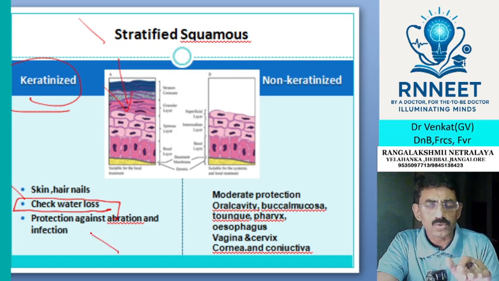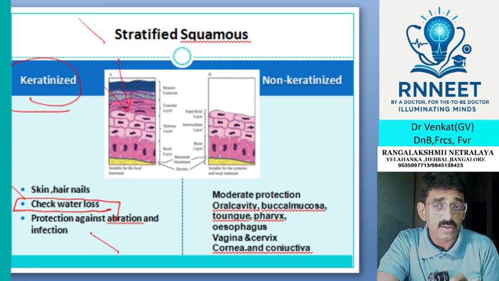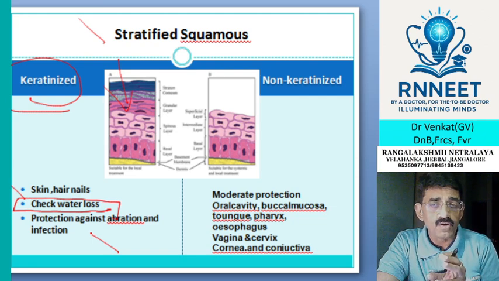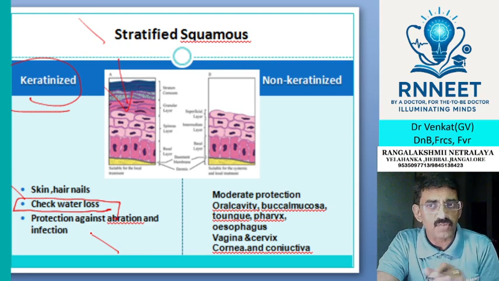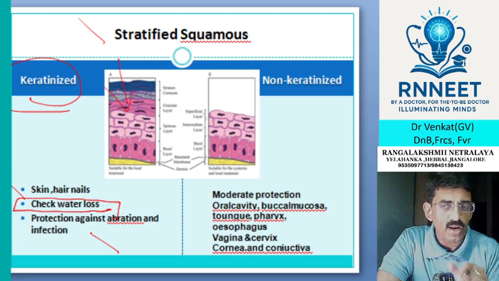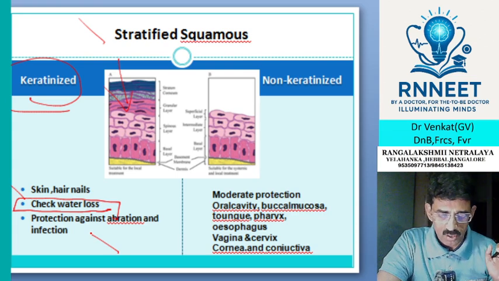So the underside of the feet needs to be very hard, so that even if a stone hits your skin, it should not damage your skin frequently. Infection cannot get in, so it protects you against abrasion and infection.